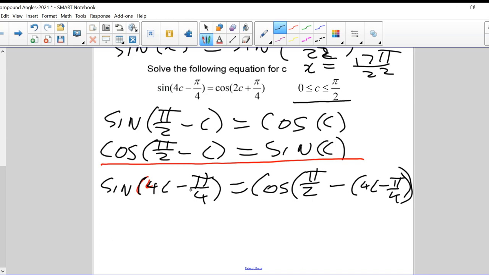The whole thing that I'm circling is my x. So the sine of x is equal to the cosine of pi over 2 minus that same x.